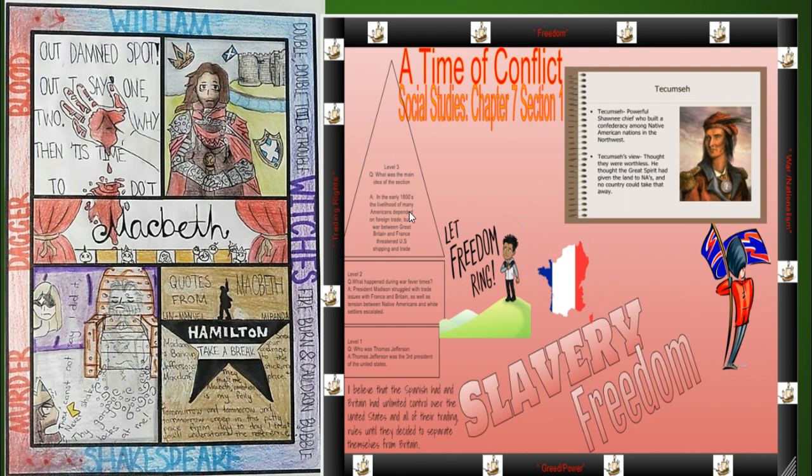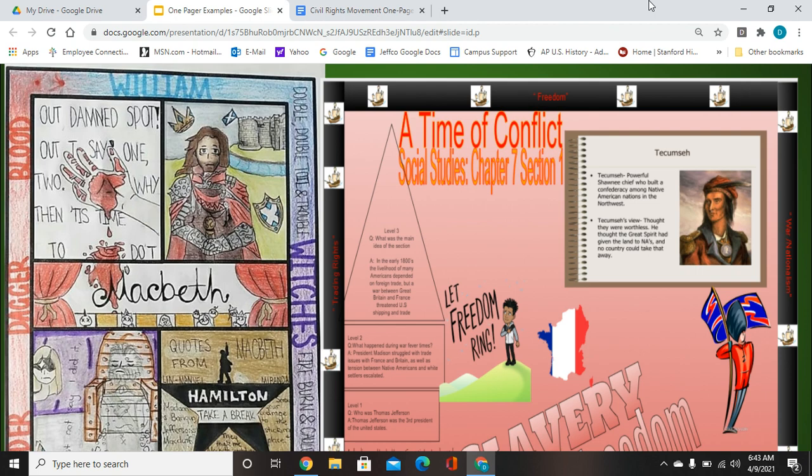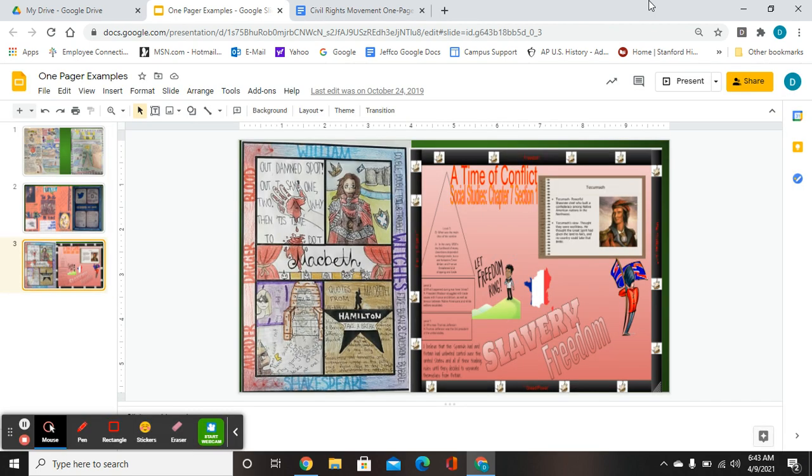They've got some information, but holy cow, they've got a lot of open space, right? They should have filled in this space with more pictures or more information. So there's your explanation of the one pager.